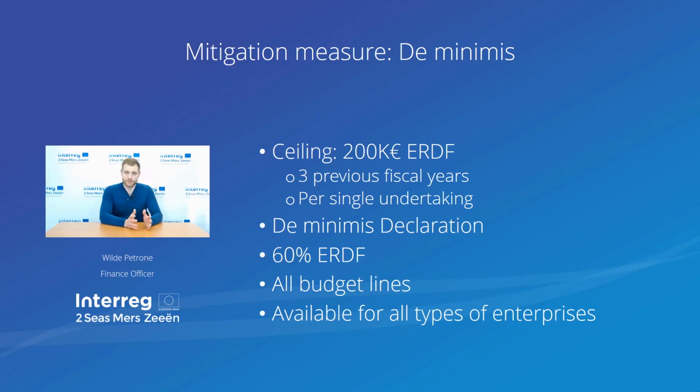A very important point to take into account is that you have to make sure that you didn't receive any other de minimis from other public granting authorities, for example, or any other granting authority that could have provided you other de minimis. In that case, if it's 0, for example, at the moment you are applying, then you can have and receive up to 200,000 ERDF.